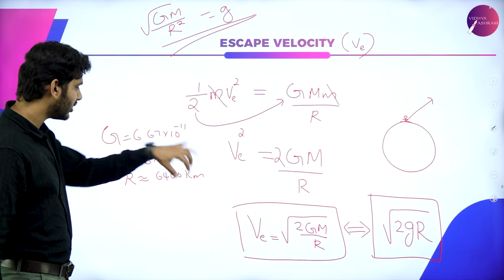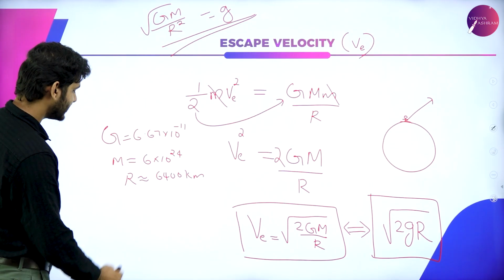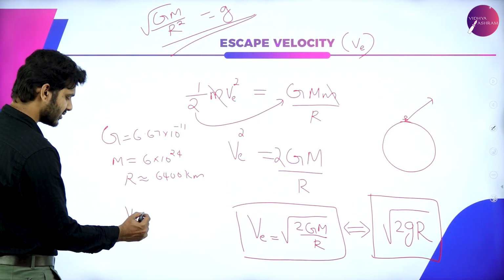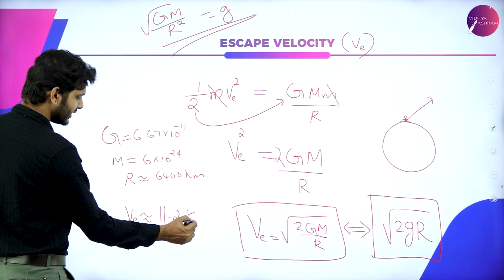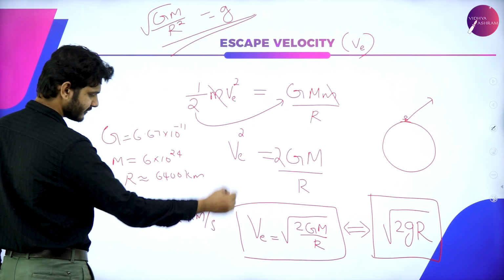If I plug in all this data, I will get that the escape velocity of Earth is approximately equal to 11.2 kilometers per second.